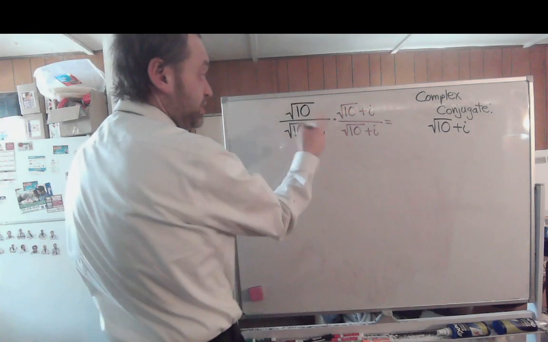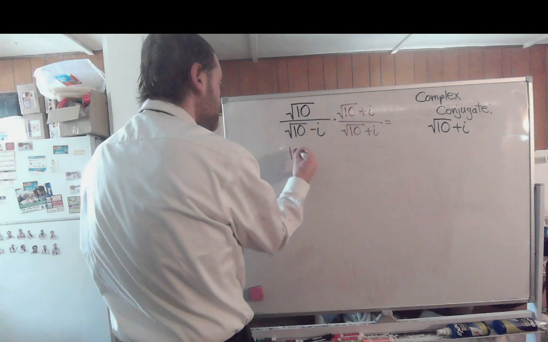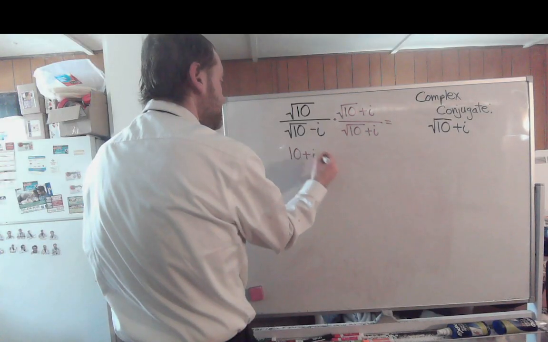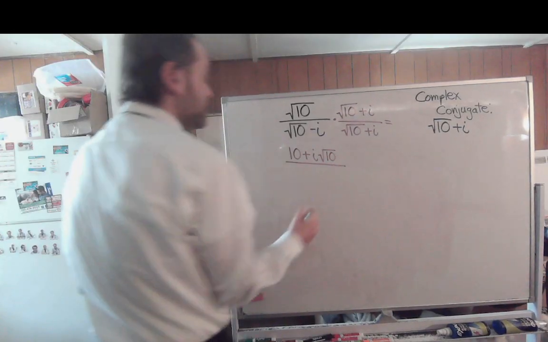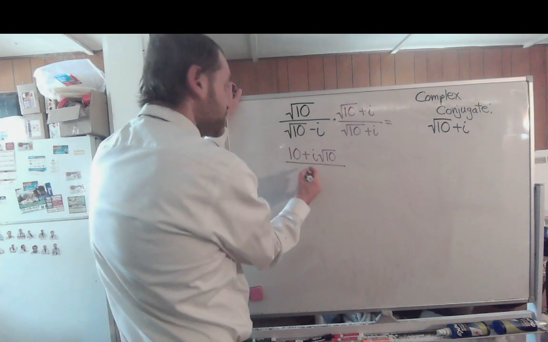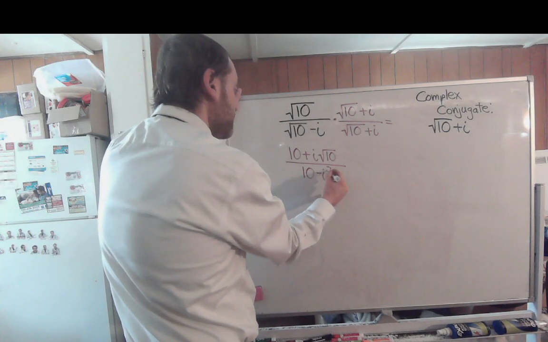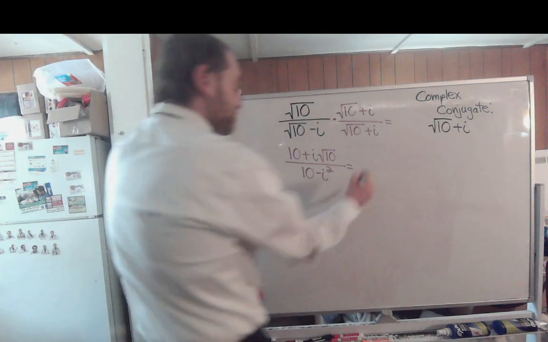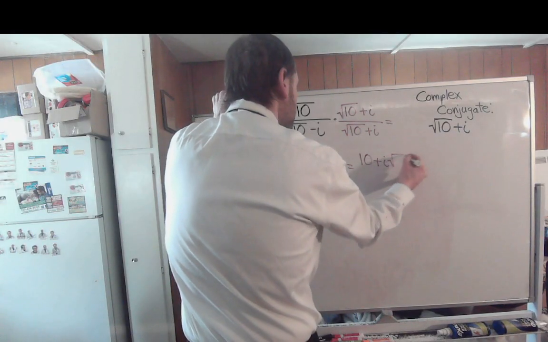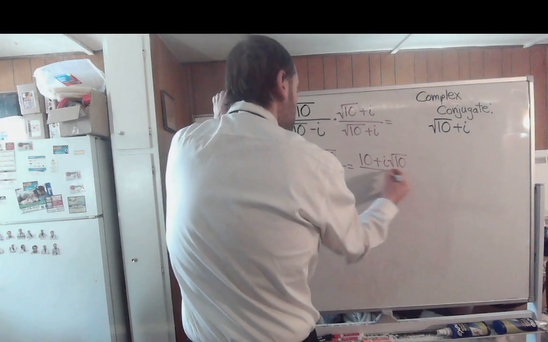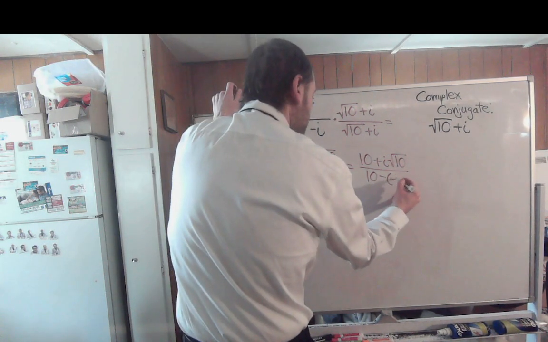All right, so distribute in the numerator, you would end up getting 10 plus that i times the square root of 10, all over your denominator, which would end up being a perfect square. You just end up getting 10 minus i squared, which will simplify into 10 plus i times the square root of 10 all over 10 minus, what is that value of i squared? That'd be negative 1.